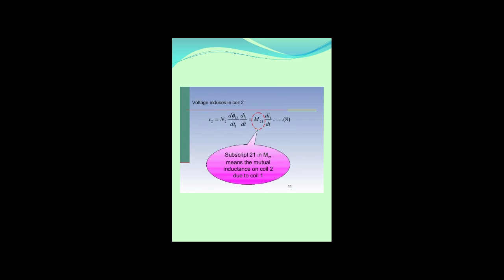So from this expression we obtain that V1 is equal to L1 di1 upon dt and V2 is equal to M21 di1 upon dt, where M21 is mutual inductance.